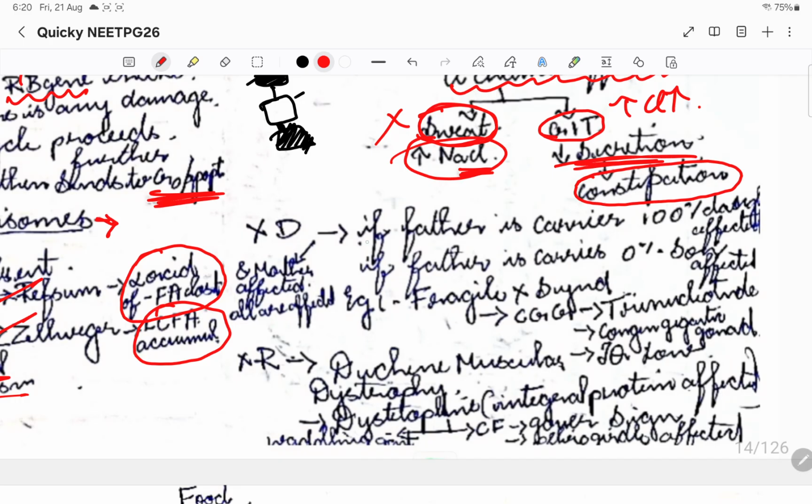If the father is affected, then 100% of the daughters will be affected, whereas 0% of the sons will be affected. X will be dominant, so the sons get the X only from the mother. So in X-linked dominant with an affected mother, all are affected. It doesn't matter whether son or daughter, both of them will be affected. That is how you identify X-linked dominant.